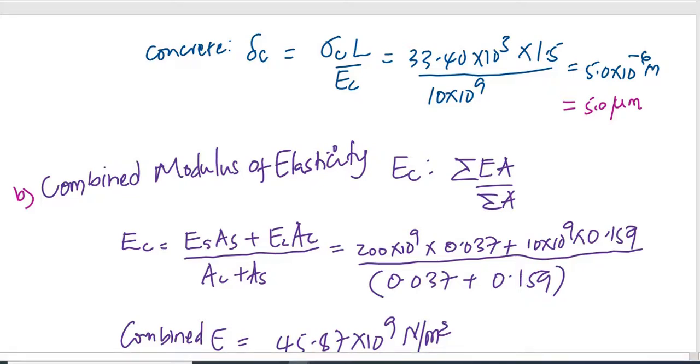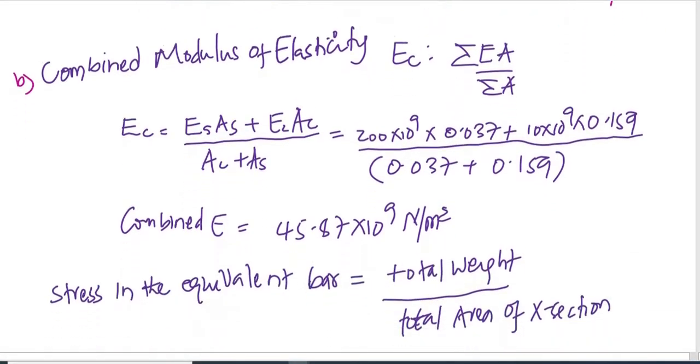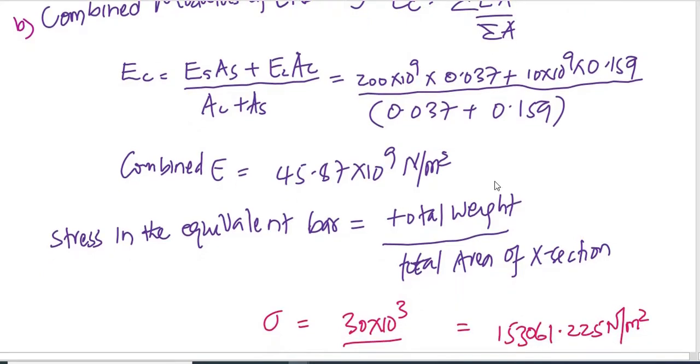The combined Young's modulus, or modulus of elasticity, would give you 45.87 times 10 power 9 Newton per square meter. Then the stress in the equivalent bar would be the total weight the whole bar holds divided by the total area of cross section.